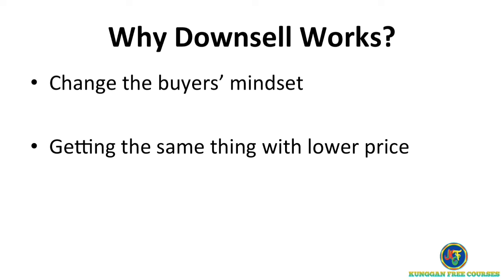This way you can adjust the price and value of the offer. In the downsell offer, you create a sense that they're getting the same thing at a lower price. This is why the downsell actually works. Isn't this interesting? This is only possible if you understand the buyer's mindset. Most of the internet marketers overlook this point and are leaving at least 10% of their money on the table.